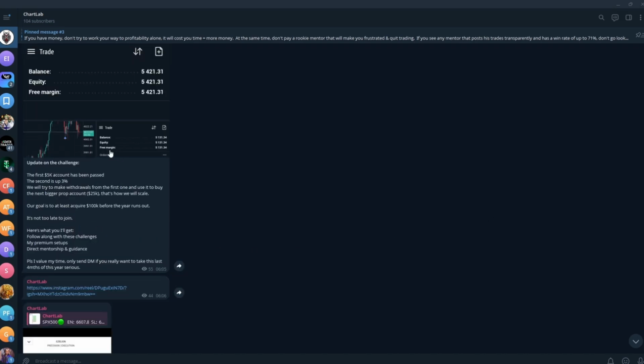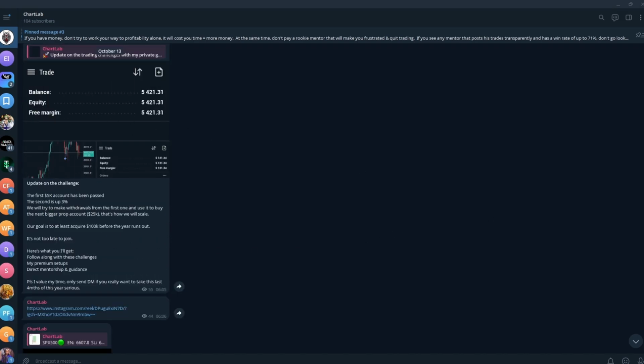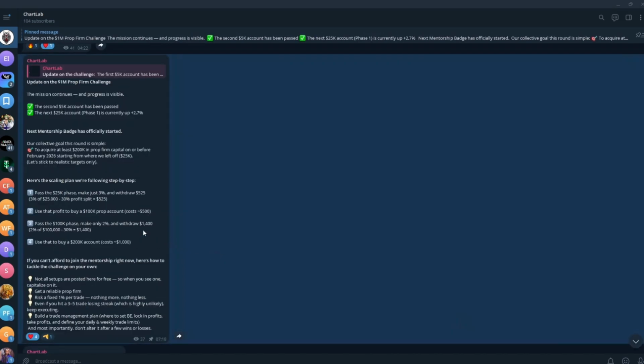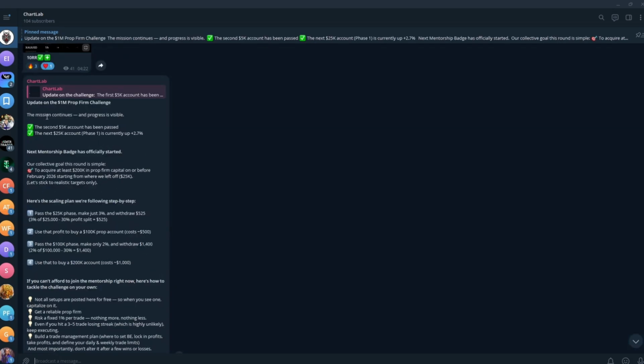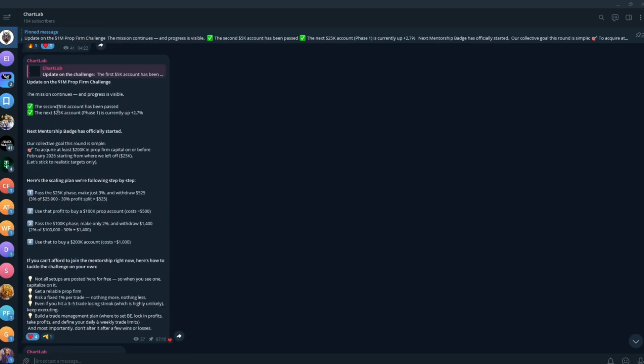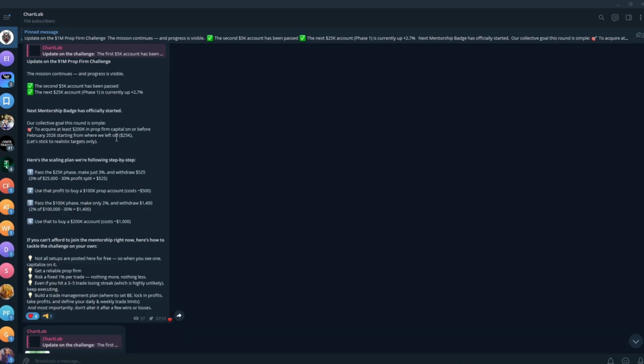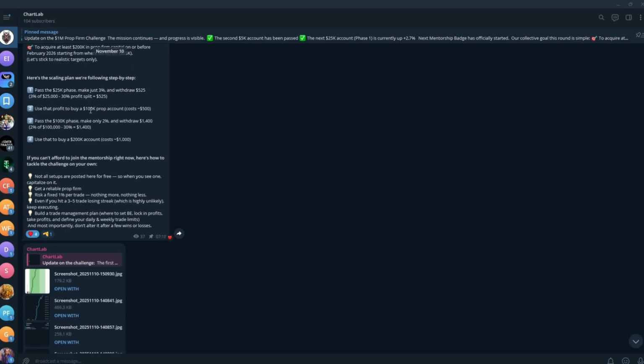Alright, so this update was on the 13th of October, and the recent one we posted was on the 10th of November, which is today. And the mission continues. The second 5k account has been passed. The next 25k account, phase 1, is currently up 2.7%, and the goal we are looking to do is to pass the 25k and make just 3% and withdraw this amount.